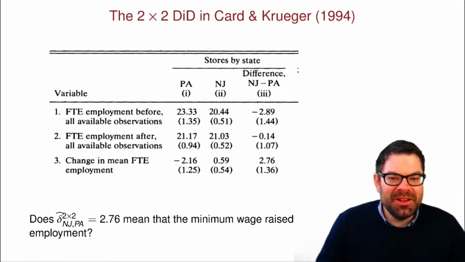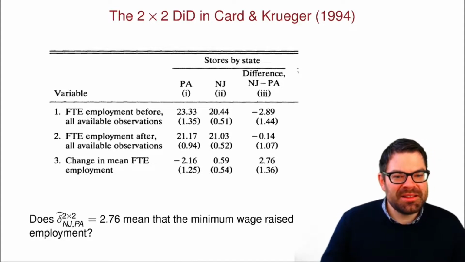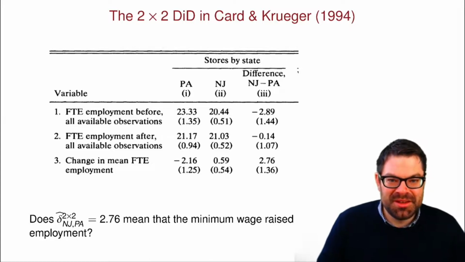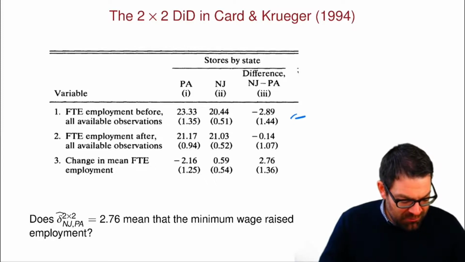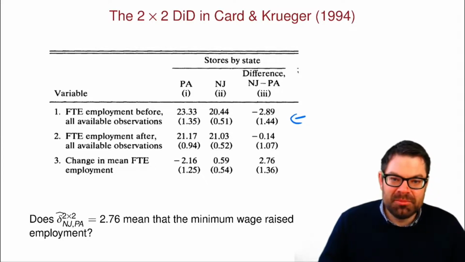So they do this in a very transparent way in their paper by really looking at the two states and what is the effect before and after in each of those states, and that then shows you exactly what the difference in differences is. Right, so you can see here that first of all, even before, the employment rate in Pennsylvania was higher than in New Jersey.